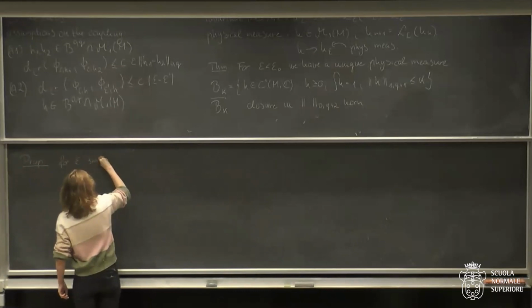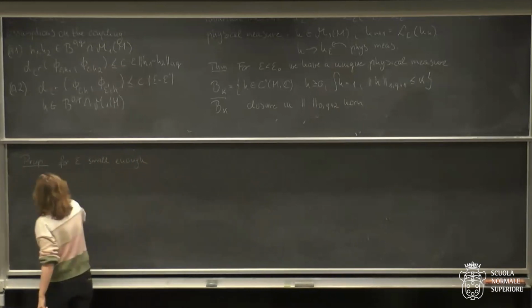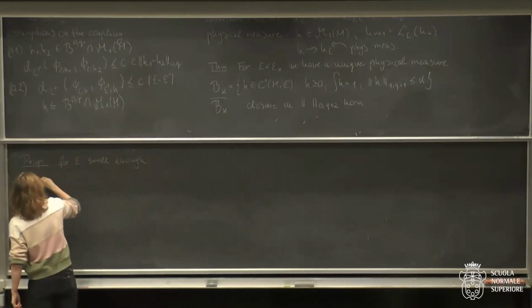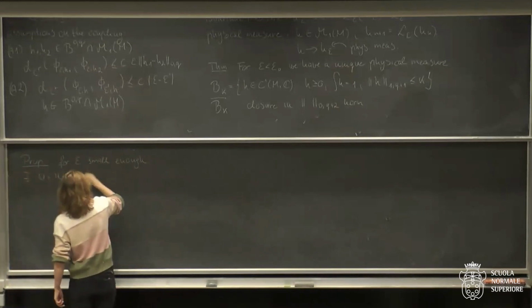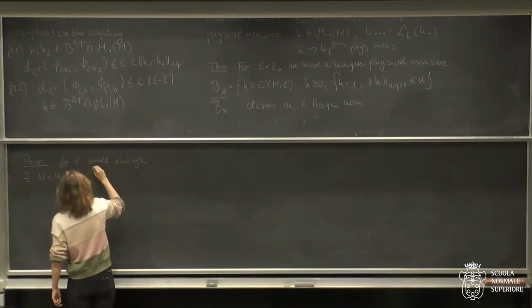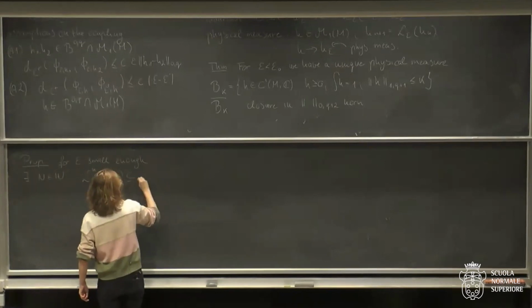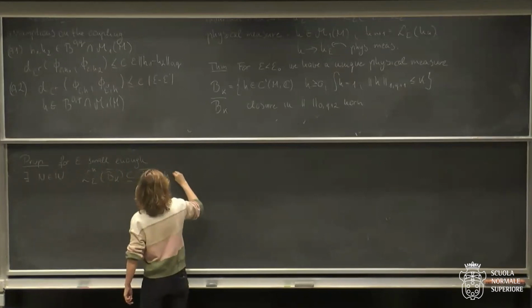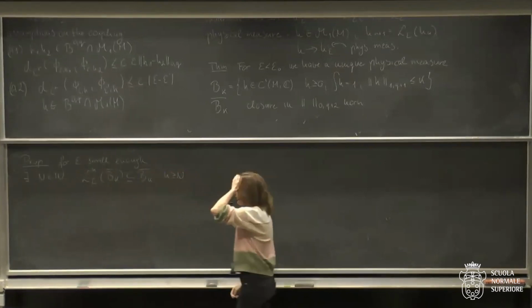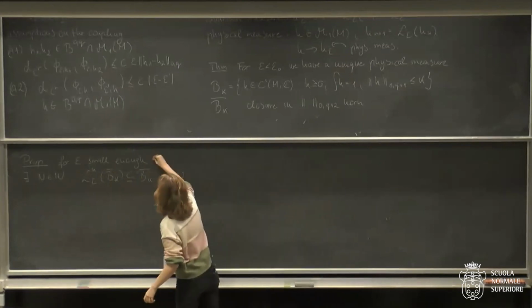So from now on, let me just write for epsilon small enough. Okay, so this doesn't look too bad.